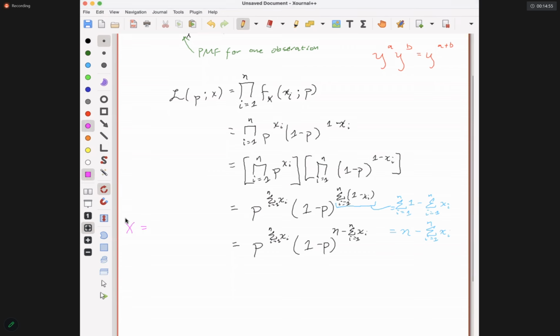It can be useful to say that the sum of the xi's from i equals 1 to n is equal to n times x bar. Does it make sense why this is true?